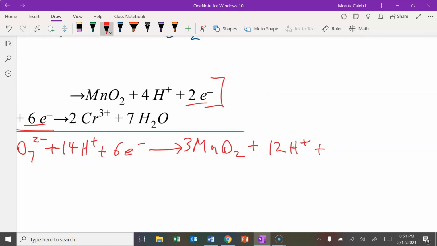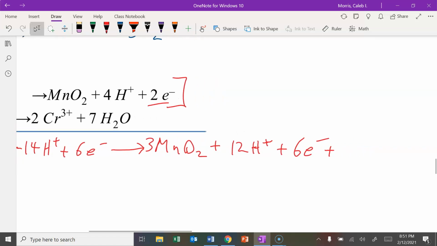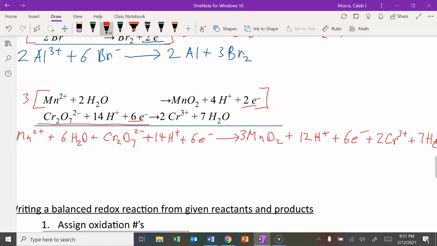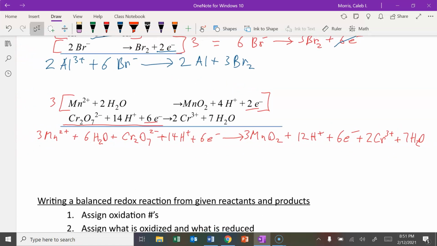Of course, we're adding plus 6 electrons. Plus, and then I have 2 Cr3+ and 7 H2O. All right, and we said we can cancel anything out that's identical on both sides, and I mean identical in charge and number, and what the symbol is.